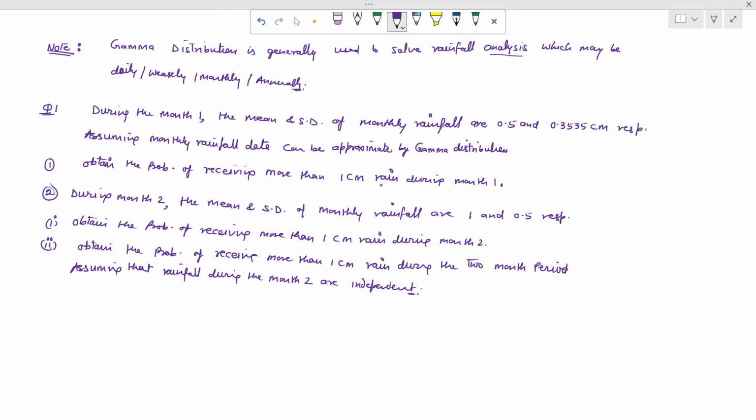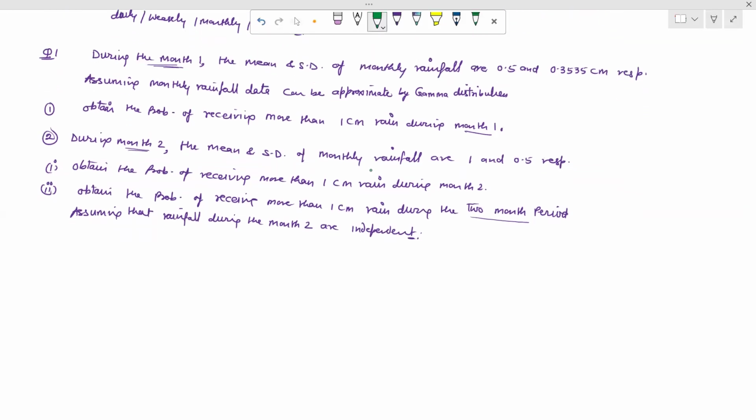So we will solve this question in two parts. First we obtain for month 1, then we obtain for month 2, and then we obtain the 2-month period. So now we do the solution of this question.